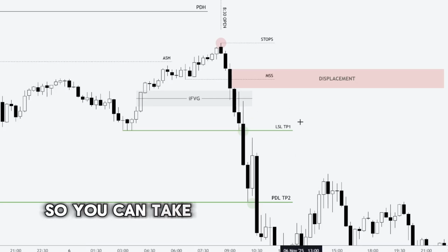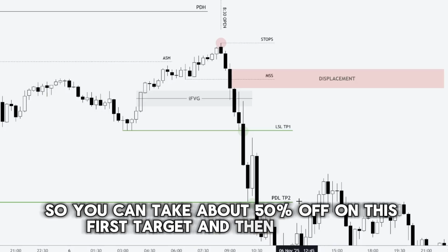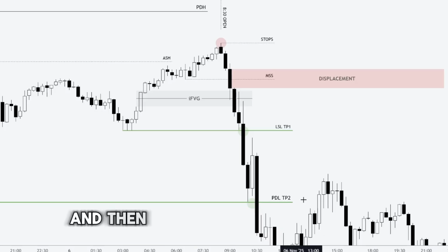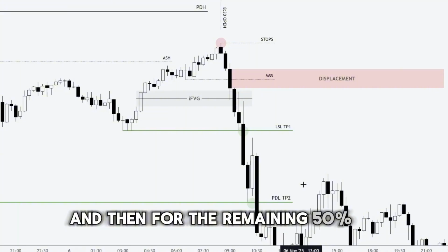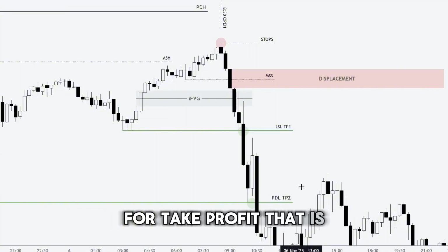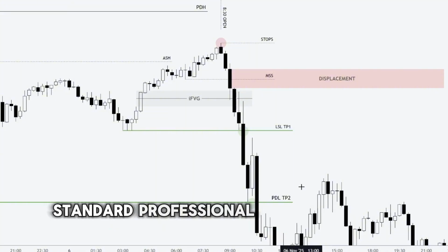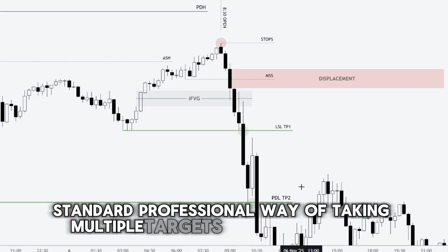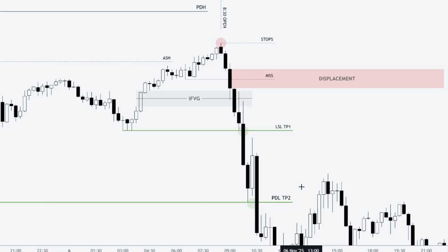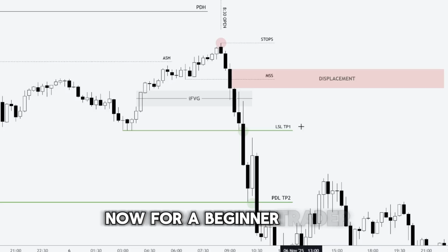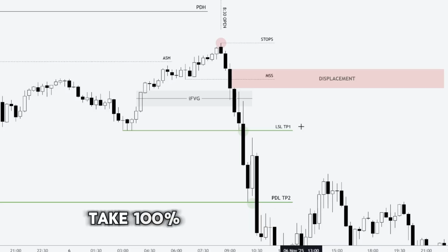You can take about 50% off on this first target and then let it run. And then for the remaining 50%, for take profit 2, that is the standard professional way of taking multiple targets on a single trade.